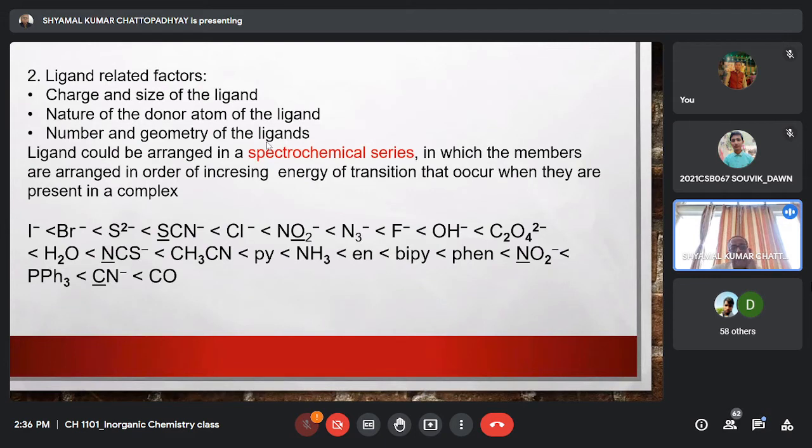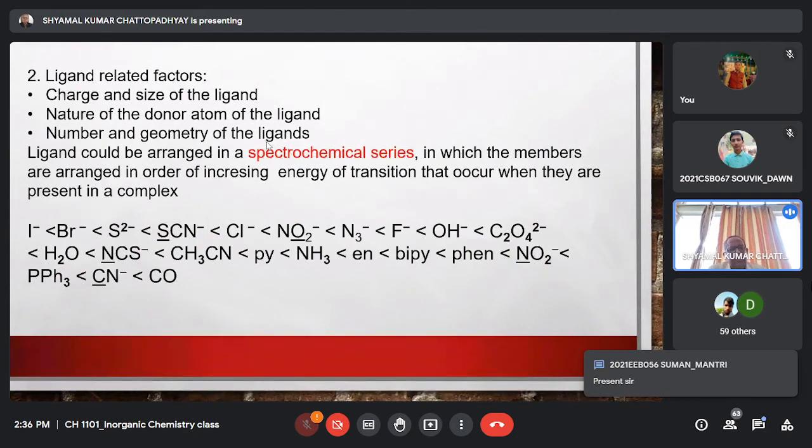More ligands are spread around the central metal ion, and these ligand atoms come close to each other and their electron clouds start repelling each other.